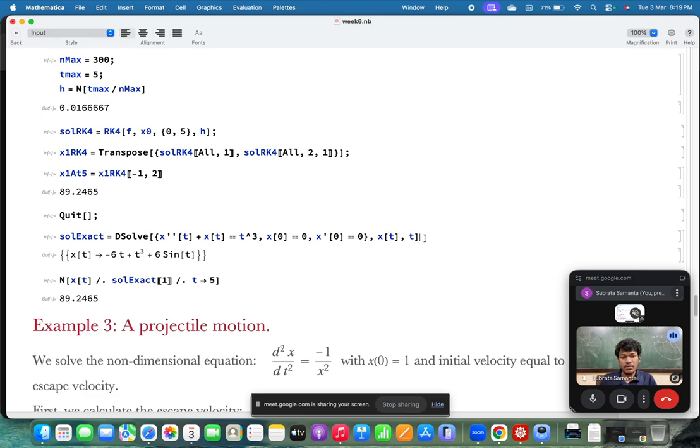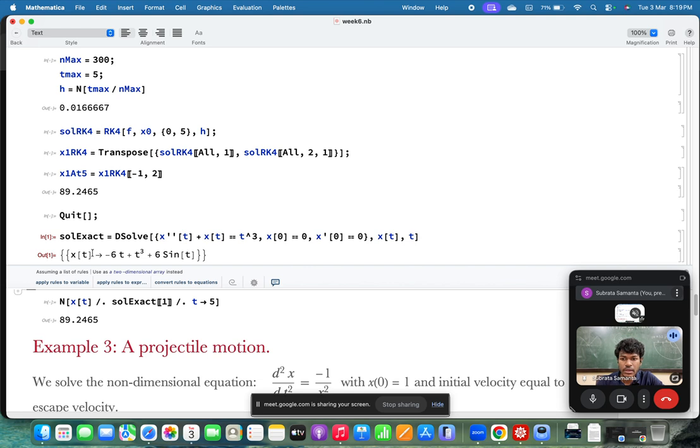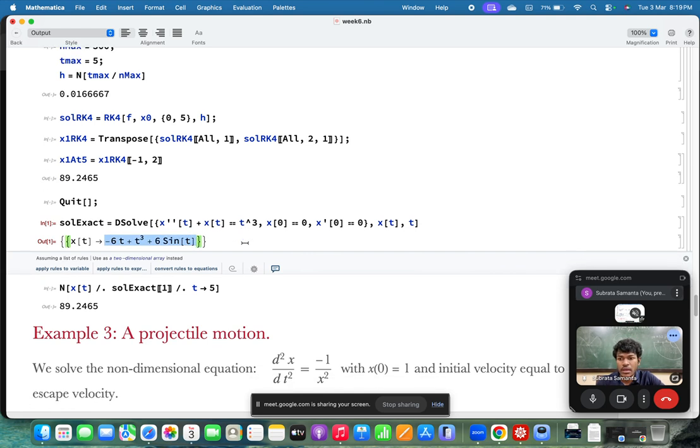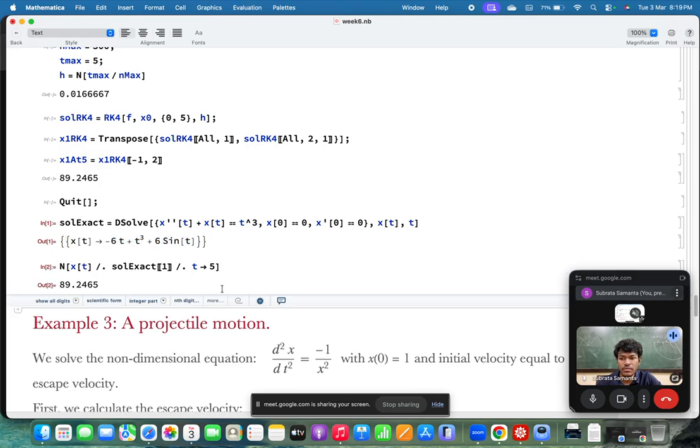That is what a numerical solver actually does, but if you call DSolve, it returns analytical solutions. Once you solve this, this is the analytical form of the solution. Now we extract the numerical value at t equals 5, and you will see the exact value is the same up to 4 decimal places.